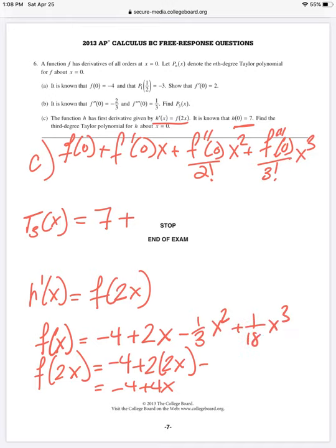So that becomes minus 1/3 (2x) squared plus 1/18 (2x) cubed. So then this becomes minus 4/3 x squared plus 8 over 18, which reduces to 4/9 x cubed. But that's just the first derivative of h of x.